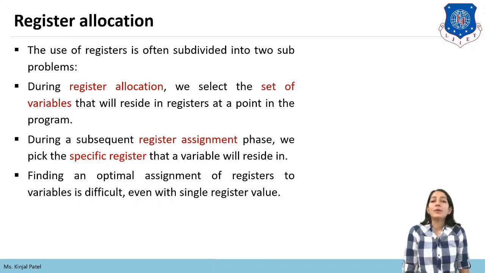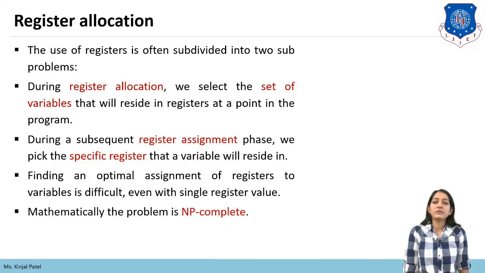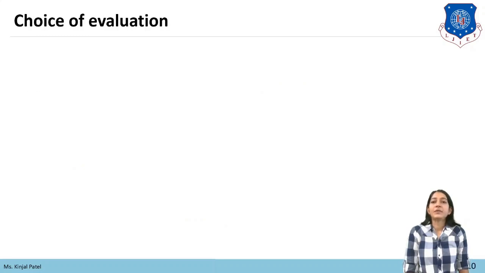Finding an optimal assignment of registers to variables is difficult even with single register values. We want to use the minimum registers possible, so it is a difficult task. Mathematically this problem is known as an NP complete problem.